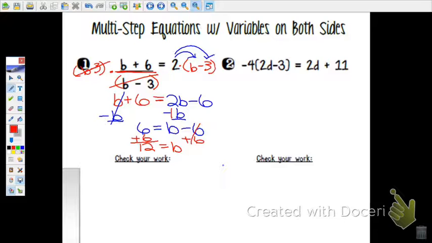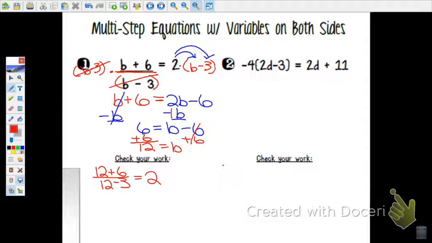So again, we need to process through working on both sides of the equal sign step by step. Then we're going to check our work. So we put that into the original equation. So 12 goes in place of the b. So I have b plus 6 over 12 minus 3 equal to 2.